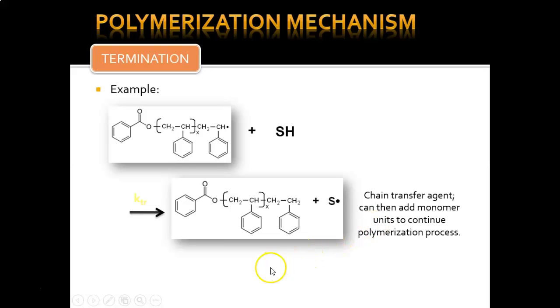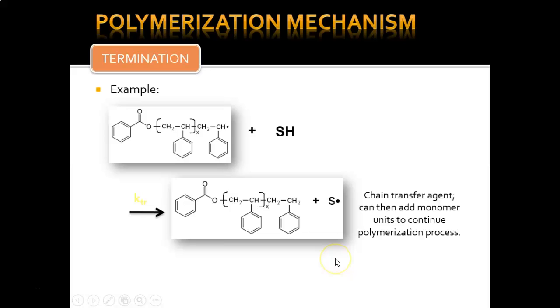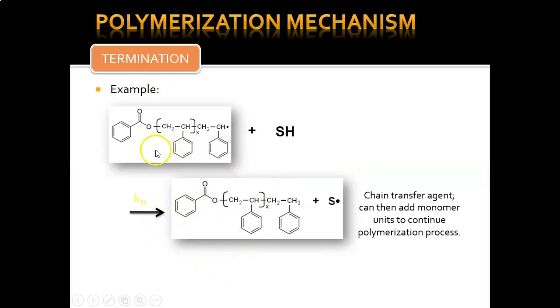Now we look at the product of the termination by chain transfer. This is the product from the propagation step of the polystyrene with benzoyl peroxide, and SH is the solvent, or any other molecule. So we use a solvent that has an abstractable hydrogen. For the structure, we just copy down the structure above, with the presence of hydrogen.